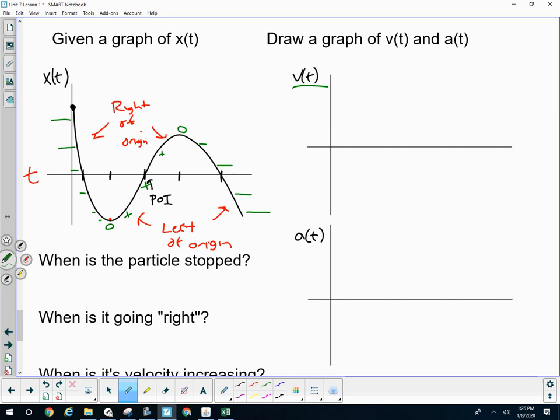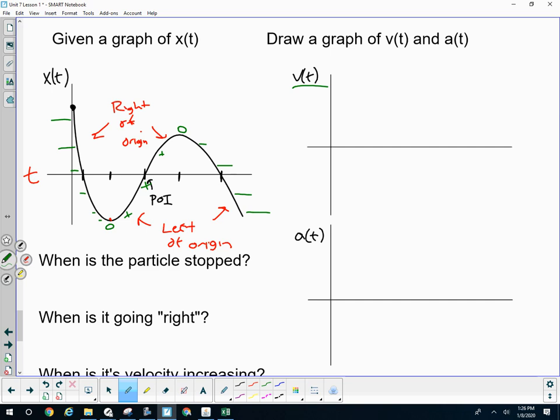If I have a position that's positive, so I'm right of the origin, I then move to the left of the origin. I'm moving to the left the entire time until at t equals 2, I've stopped. And I all of a sudden move back towards the origin, which means I'm moving to the right.